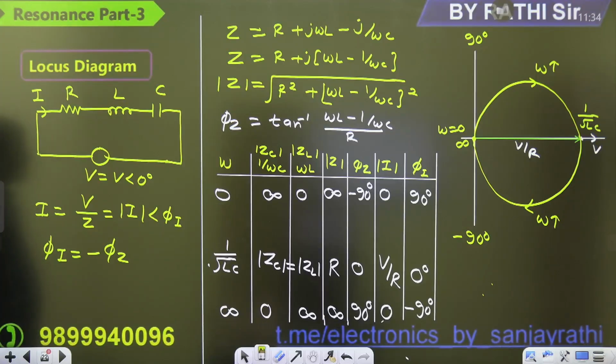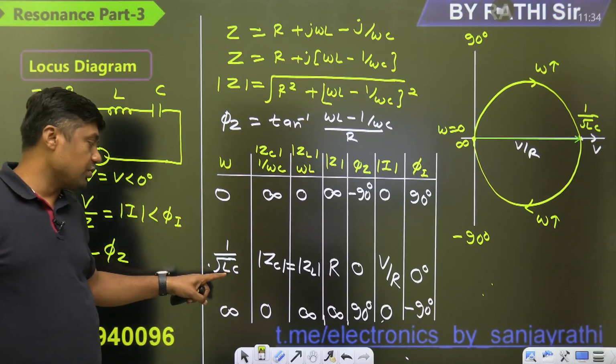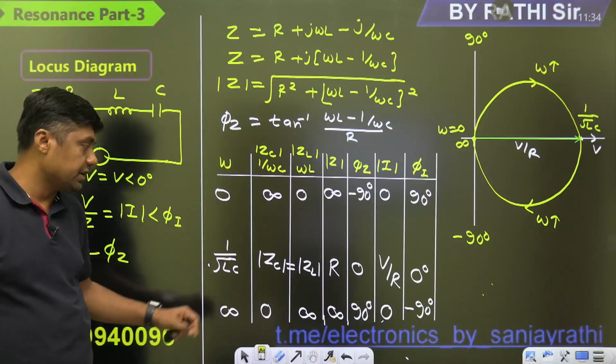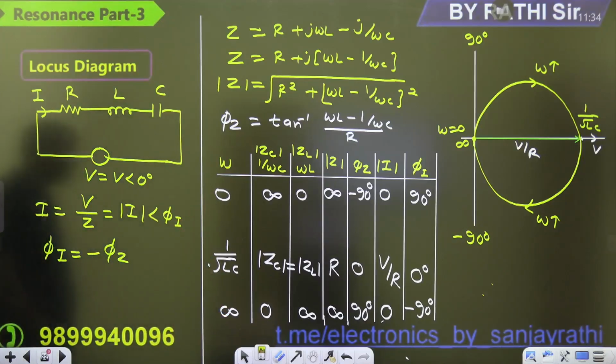In first quadrant it is capacitive, in fourth quadrant it is inductive. So we have drawn the 3 points: exactly at 0, exactly at resonance frequency it is purely resistive, here it is purely capacitive, here it is purely inductive. 3 points. And variation of omega here.